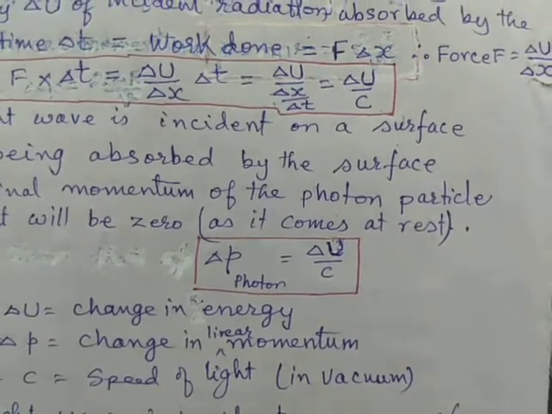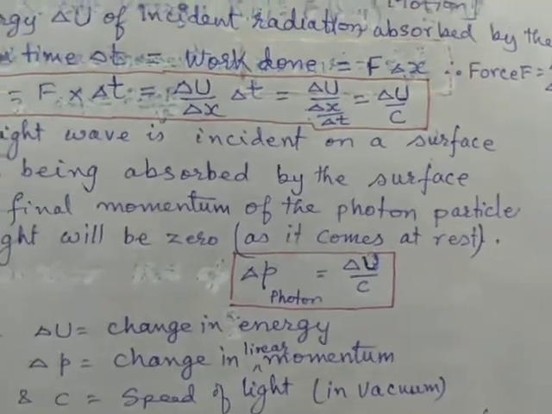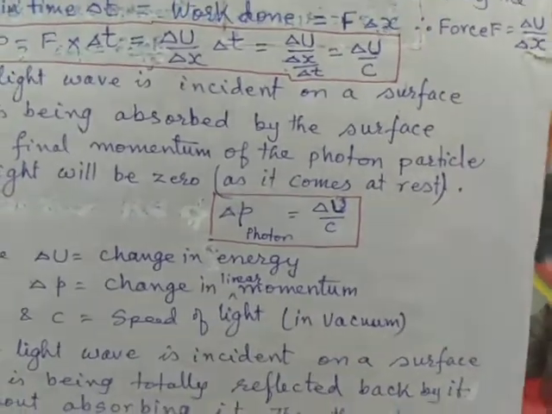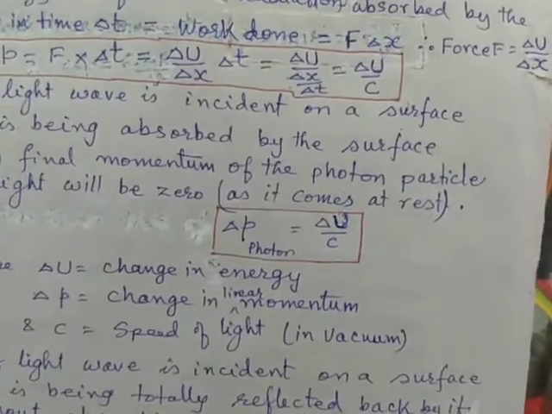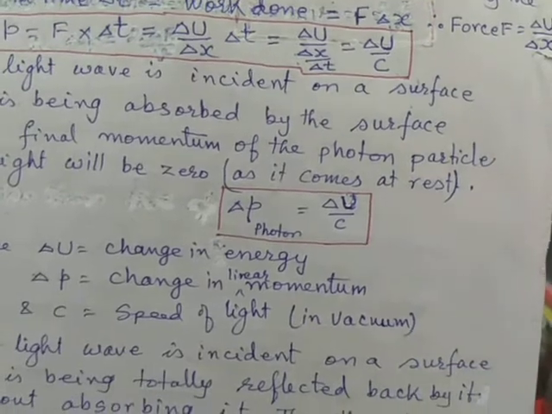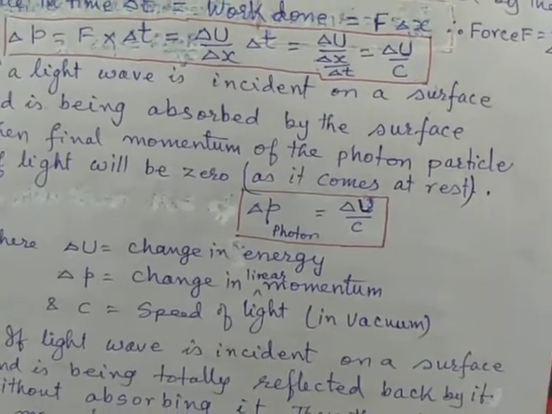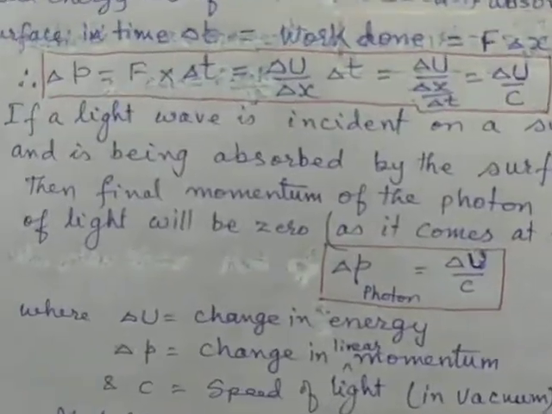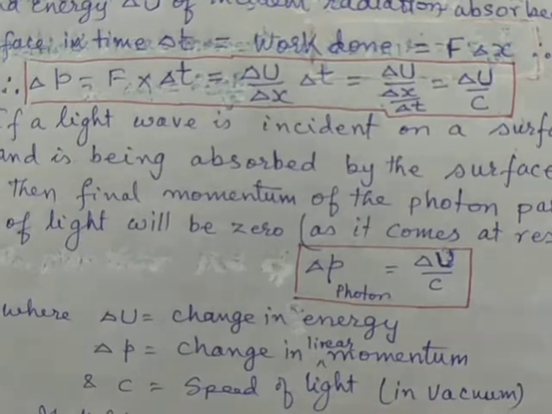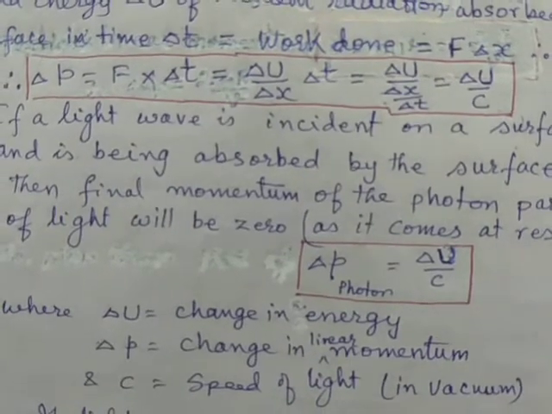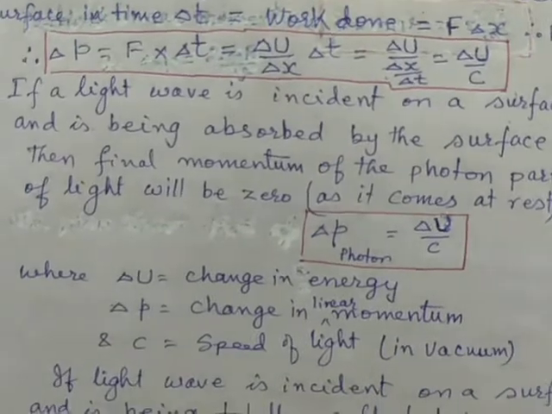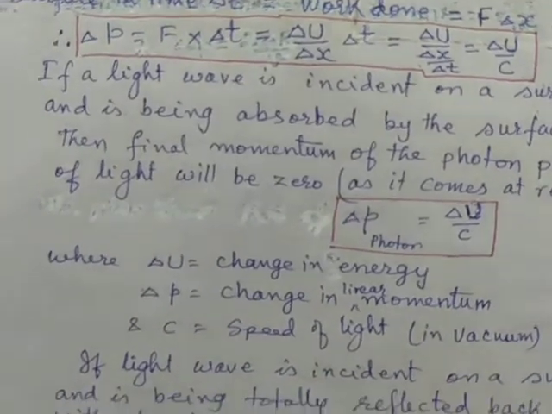Why are we using C? Because the speed of light is C, and delta X by delta T is nothing but the speed. Therefore we replace delta X by delta T by C. So we have delta P is equal to delta U by C, where U is the energy carried by the incident wave and absorbed by the surface per second.